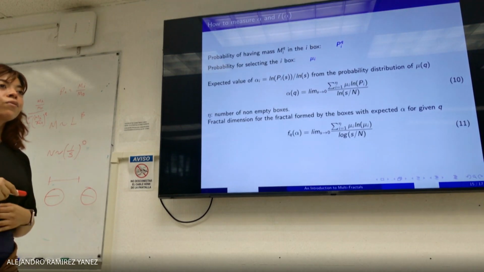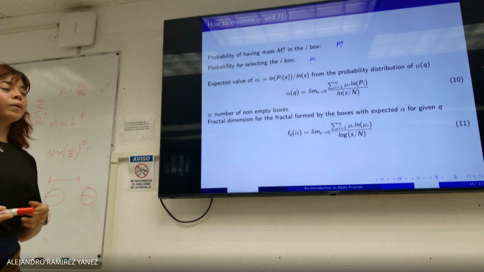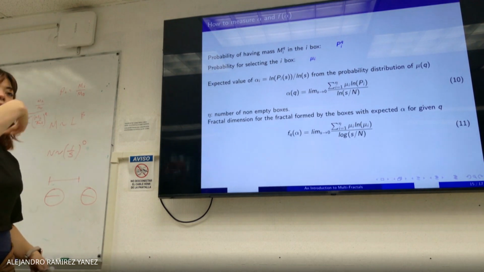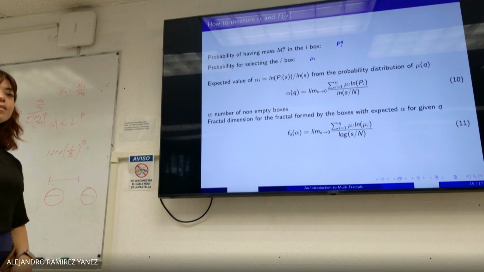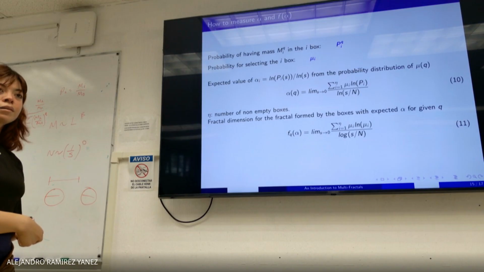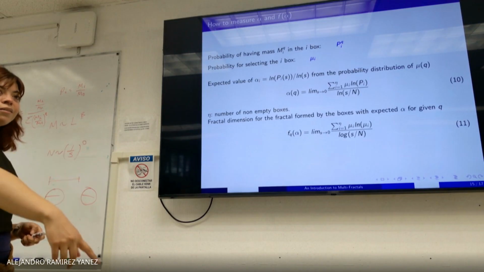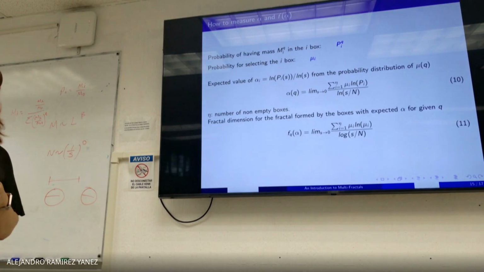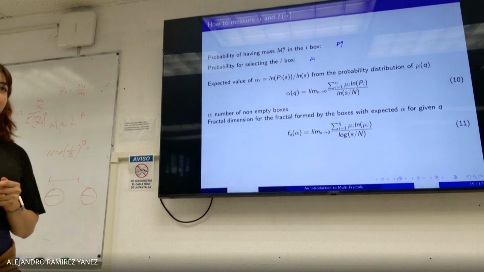It's a different point of view, but those things are connected by a Legendre transform, and it's the following slide. Well, maybe we should talk about that after.